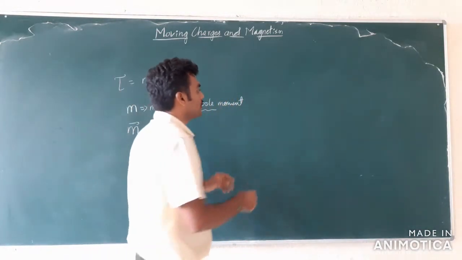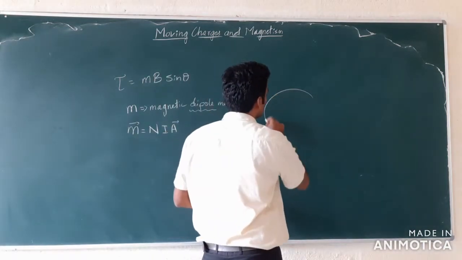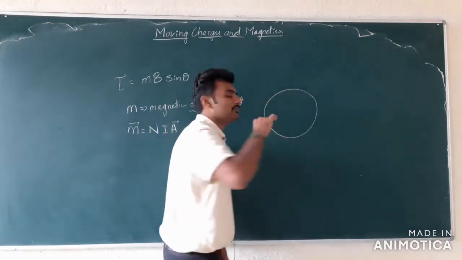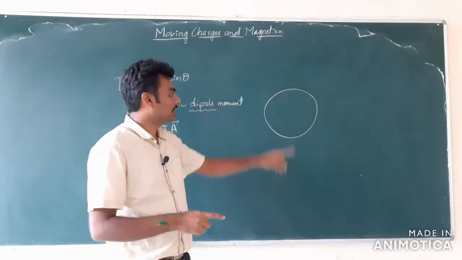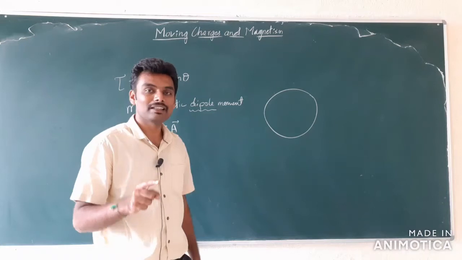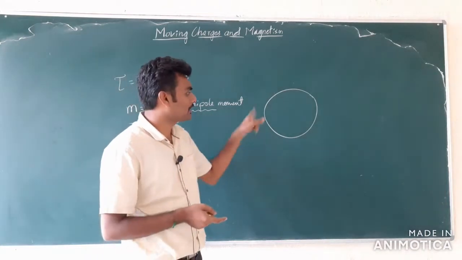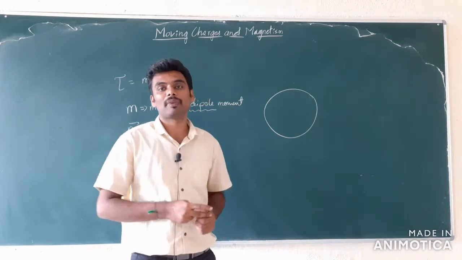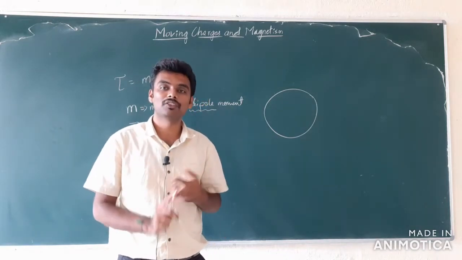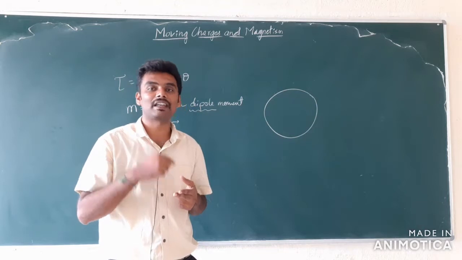This north pole and south pole of a magnet originate from a single current carrying conductor. A single coil of current carrying conductor constitutes both the poles of a magnet. Both north pole and south pole can be seen in a current carrying conductor.